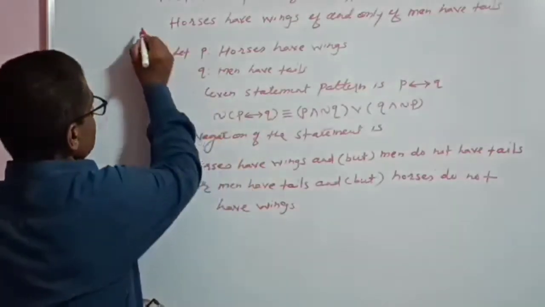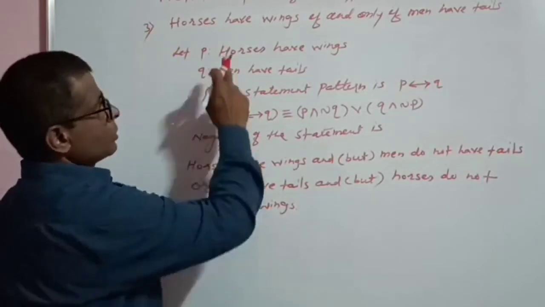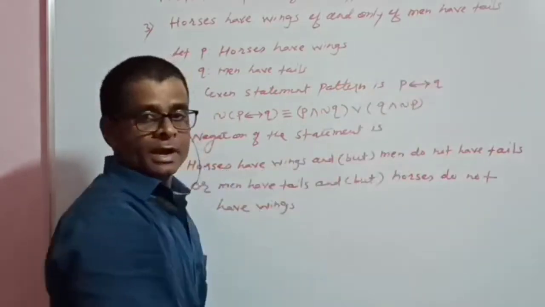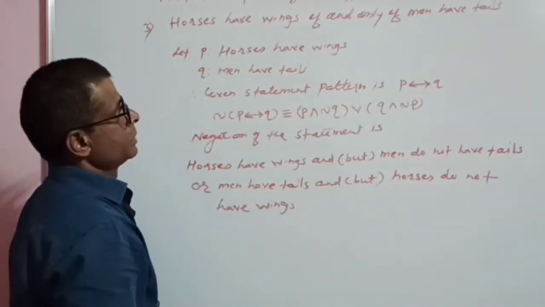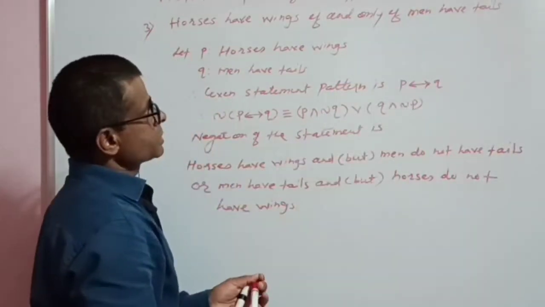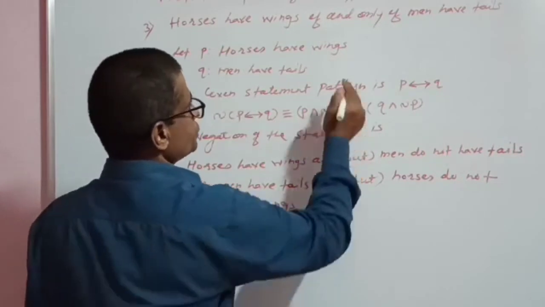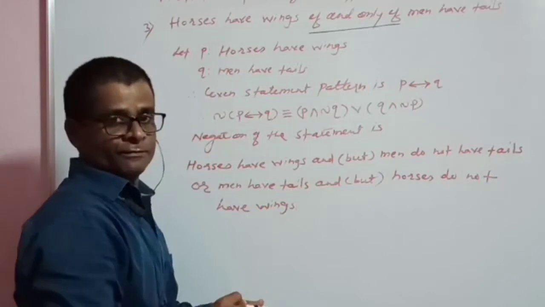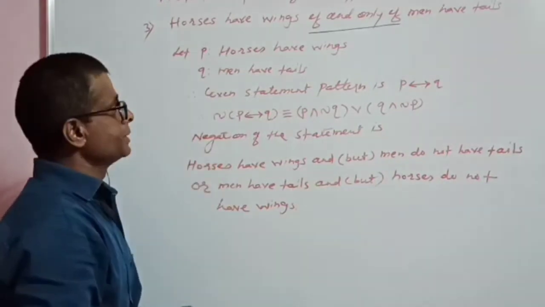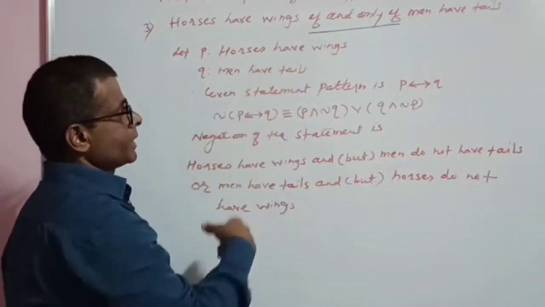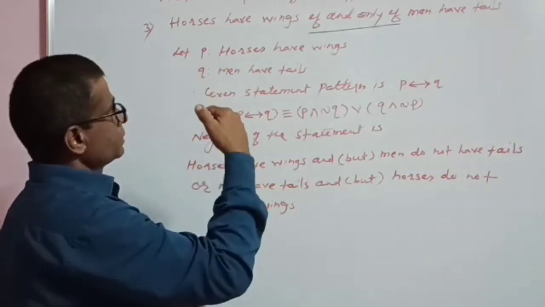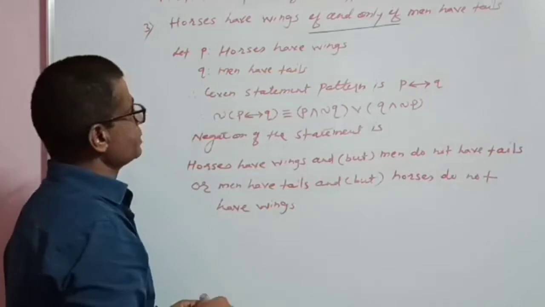Take the next example. Horses have wings if and only if men have tails. So this is the compound statement. The connective which is used is what? If and only if. It is a biconditional statement. So let us bifurcate the compound statement into two simple statements.